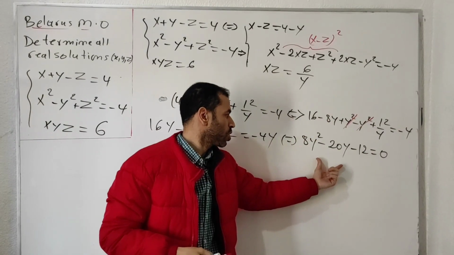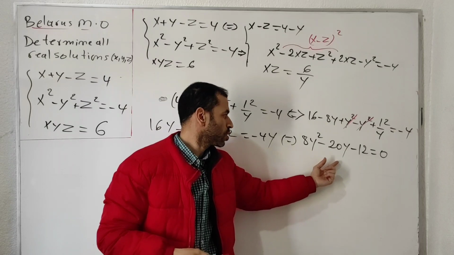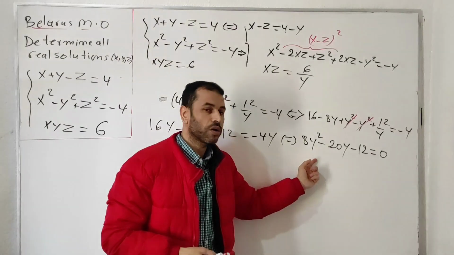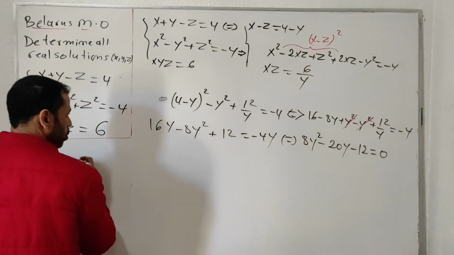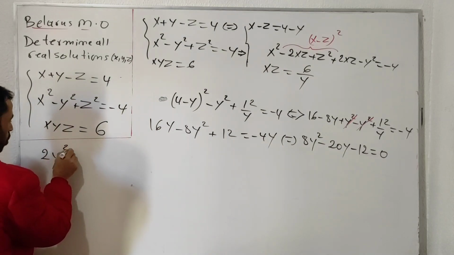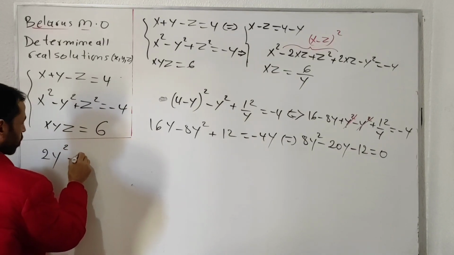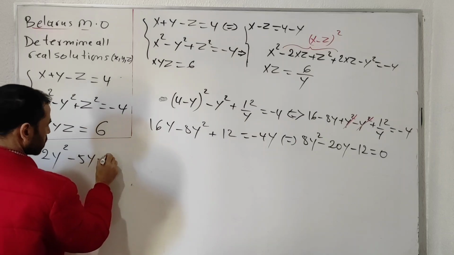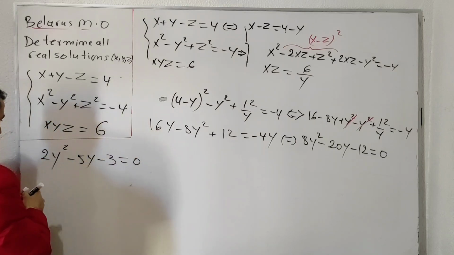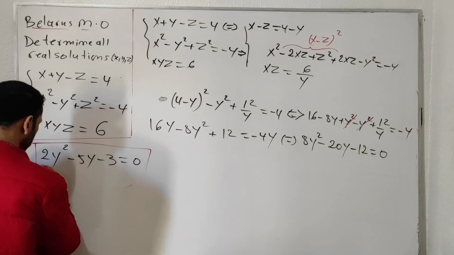I'm going to reduce this by dividing both sides by 4. So we'll get a new equation of 2y squared minus 5y minus 3 equals 0. We get a new equation in terms of y.